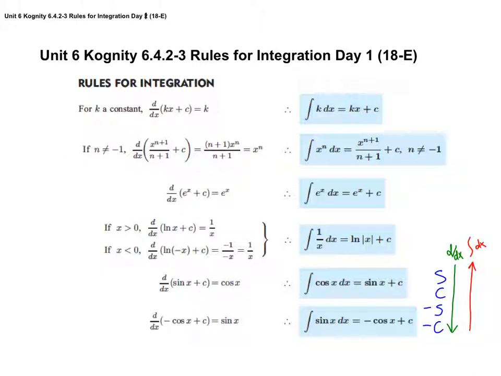Now, this one does have one item that we do need to be careful about, and that is the absolute value of x. IB does not make a huge deal of that. In fact, if you look at the answers in the back of the textbook where our homework problems come from, they often will leave it out, okay? They really shouldn't do that. The reason why we need that absolute value there is because the natural log is only defined for x greater than 0.